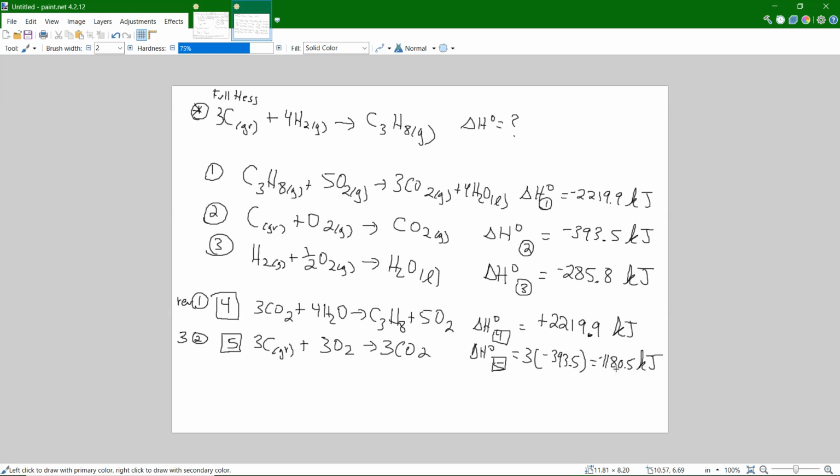Okay, and then the other one, I have 4H2, so I'm going to do 4 times equation 3. That's going to be equation 6. So I get 4H2 plus 2O2 goes to 4H2O. And delta H naught 6 equals 4 times minus 285.8, which is minus 1143.2.